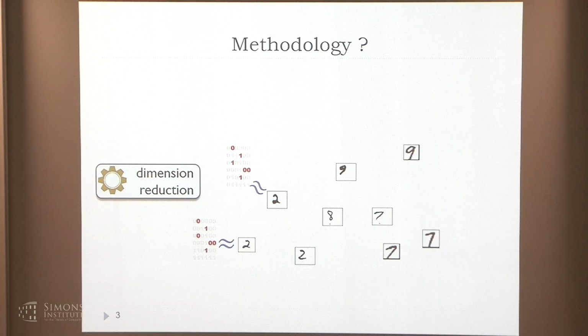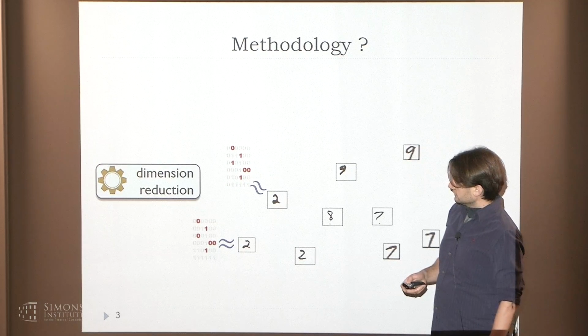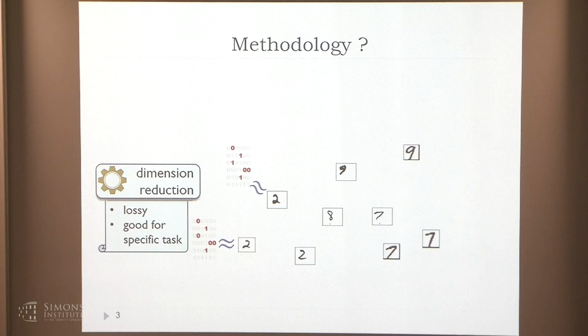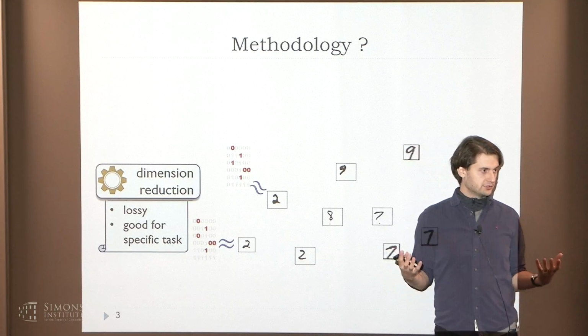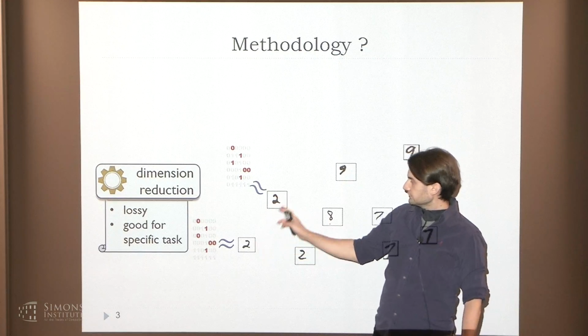Okay, so more principally, this is an example of dimension reduction, and what really are the properties of this tool of dimension reduction is that it is a form of compression of the object. So it is a compressed representation of the object. So we don't remember everything about the object.